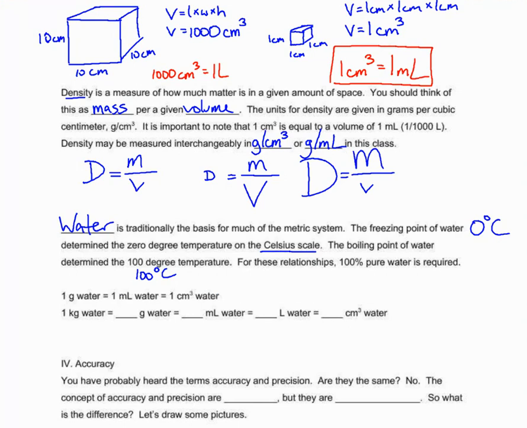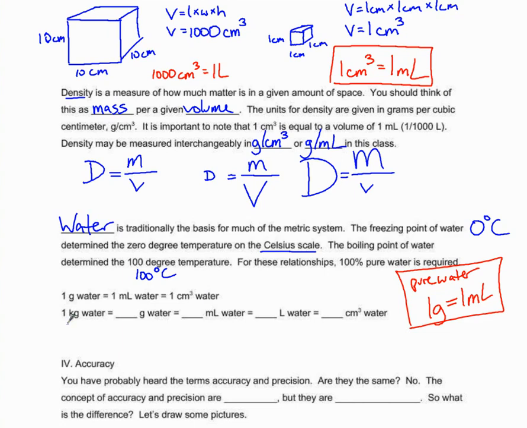I'm going to write this over here. Pure water, 1 gram equals 1 milliliter. This is something that we use a lot as well. So 1 gram, 1 milliliter, 1 cubic centimeter.